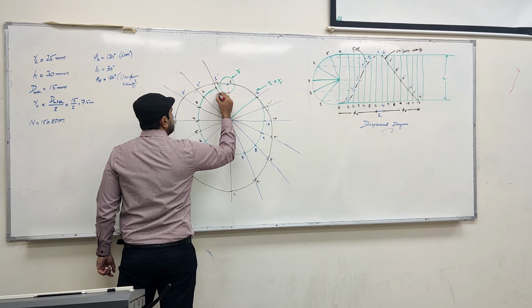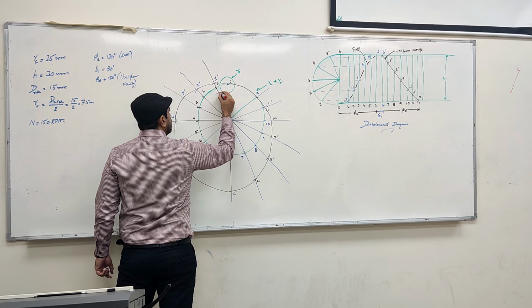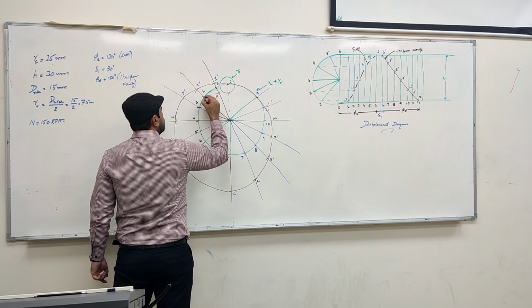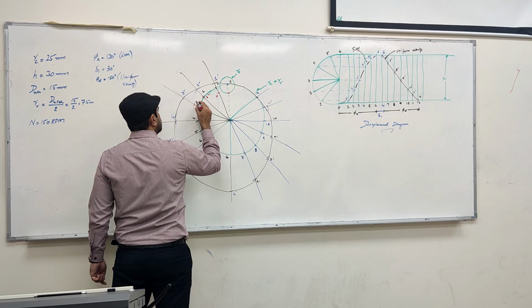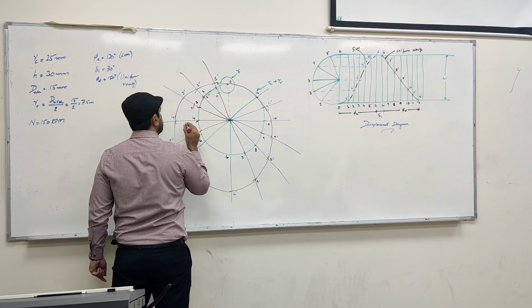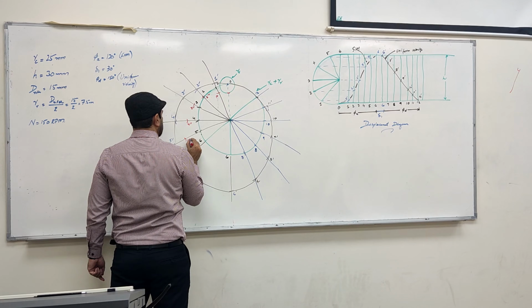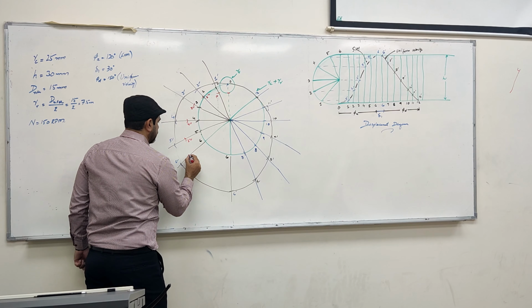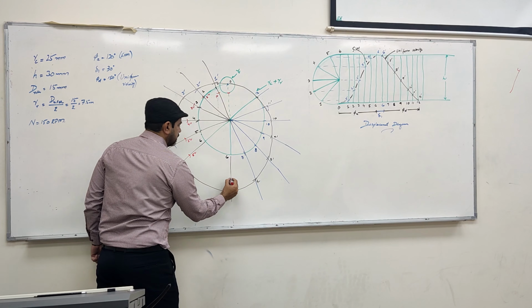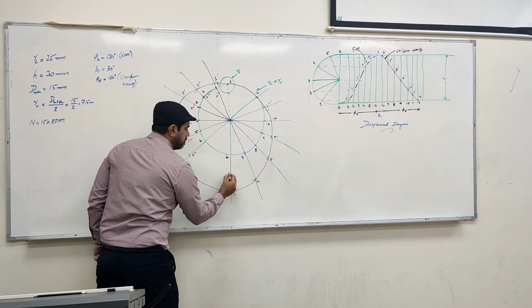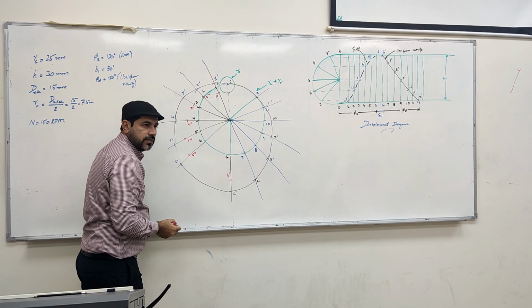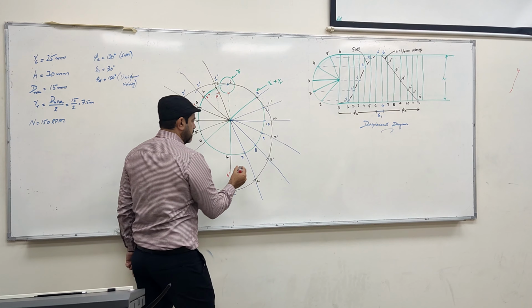So 1 will become over here, 1 double prime. 2 will become over here, 2 double prime, 3 double prime, 4 double prime, 5 double prime, 6. They are all the same. How much? Radius of the roller.